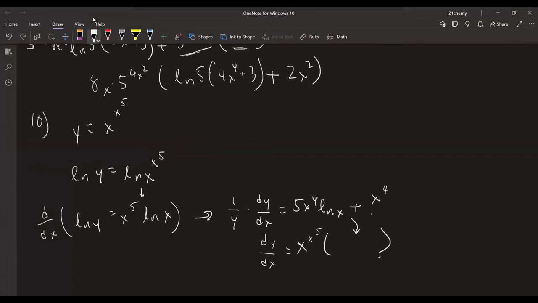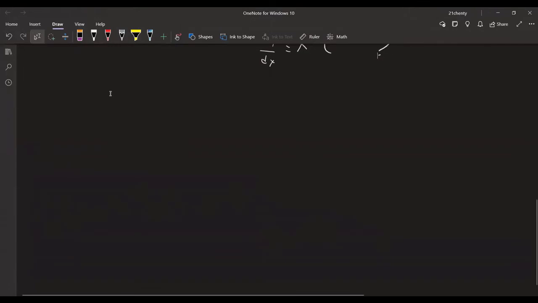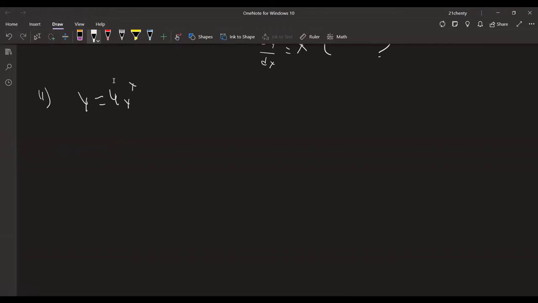Now moving on to number 11. Again, I won't scroll. Another logarithmic differentiation problem, so we approach it the same way. Take the natural log for x, and then take the derivative, 1 over y.